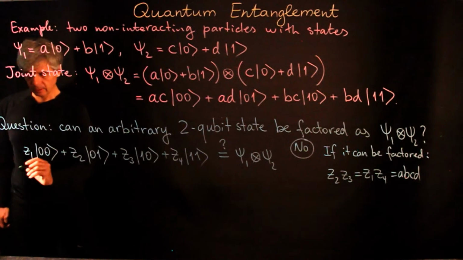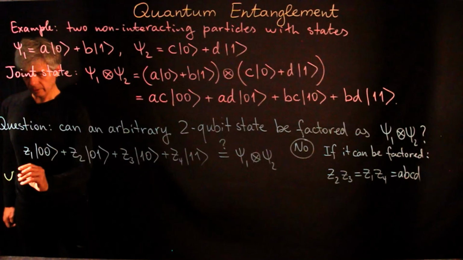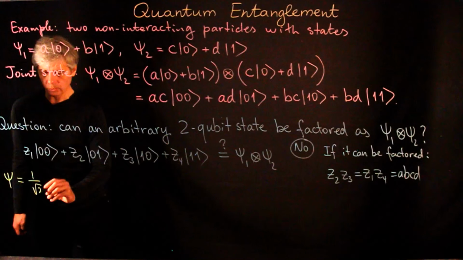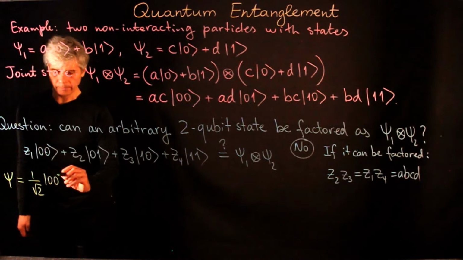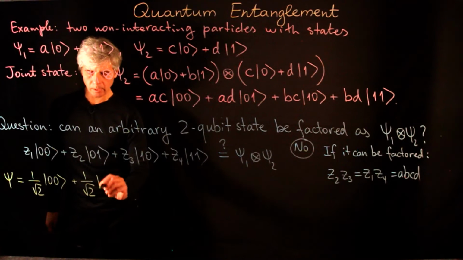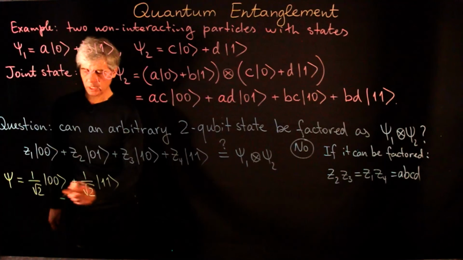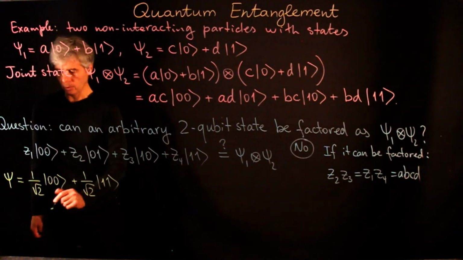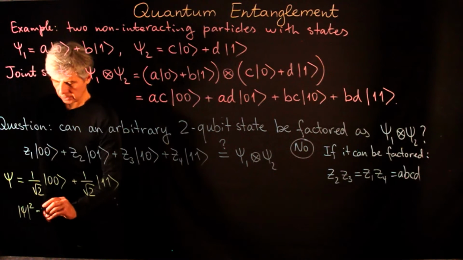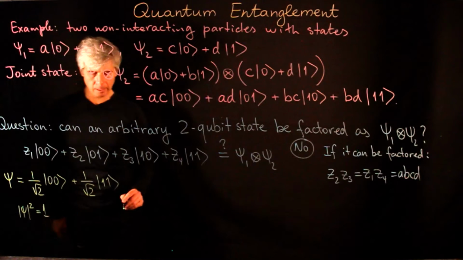As an example, let us take a look at the following state. Let's take 1 over square root of 2, 0, 0, plus 1 over square root of 2, 1, 1. We use this coefficient so that the norm of psi is equal to 1, right?